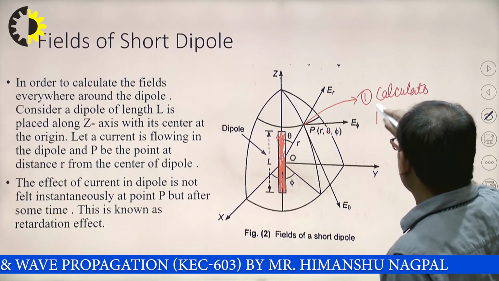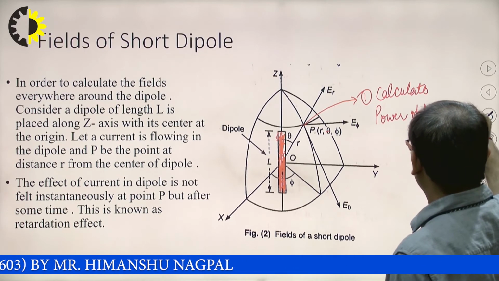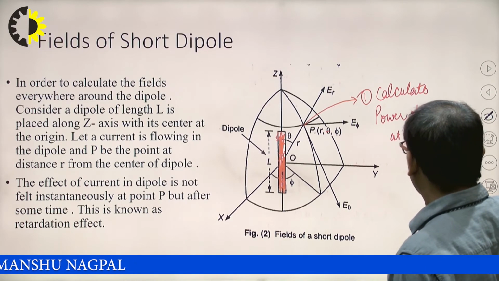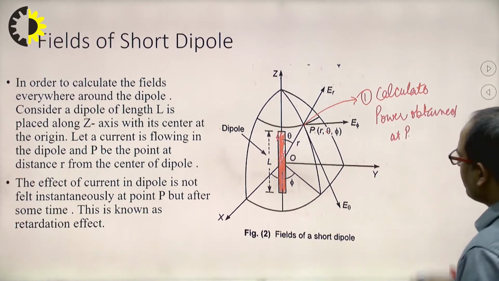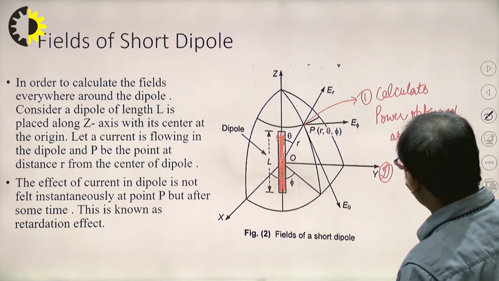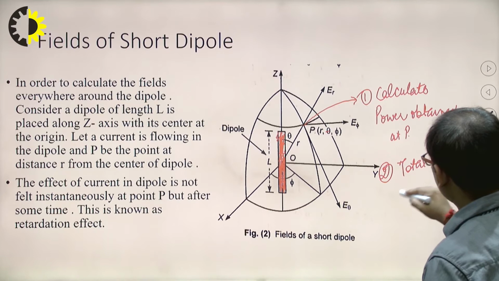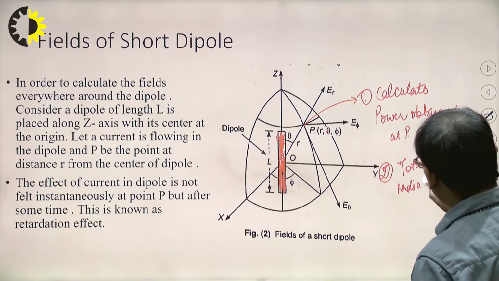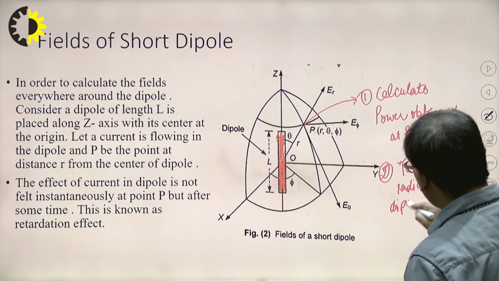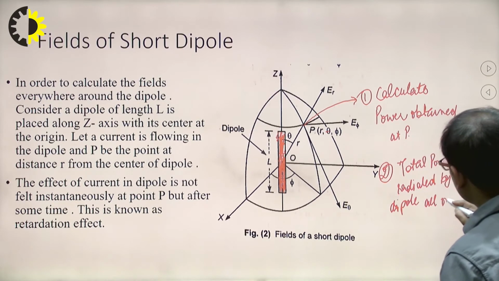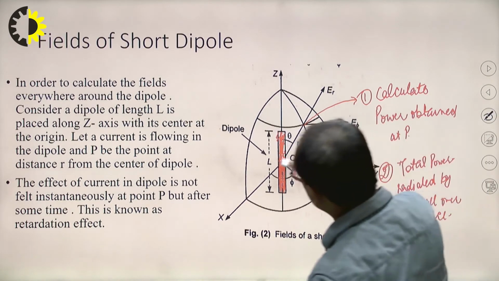The power obtained at point P. When I have got the power obtained at point P, then we will find out the total power radiated by the dipole all over the space, means total power radiated by this dipole all over the space.